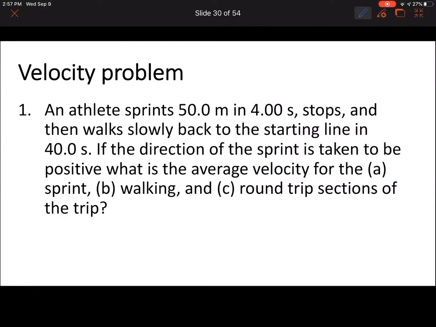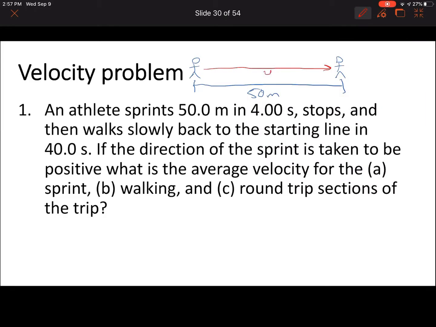Anytime we have really any physics problem, drawing is always helpful just to help us picture what's going on. An athlete sprints 50 meters forwards. Starts over here on the left, sprints 50 meters forward, and does that in 4 seconds. Stops. We'll even draw that out here.